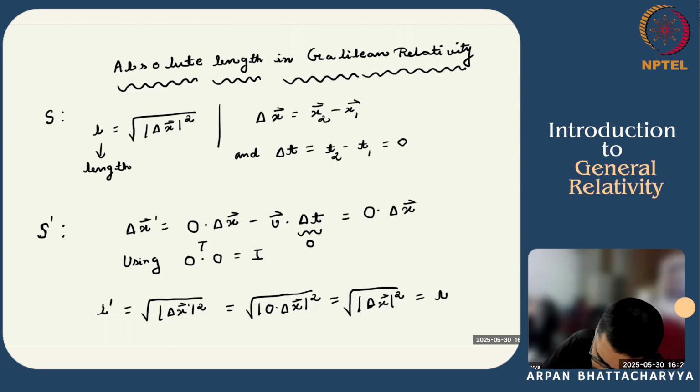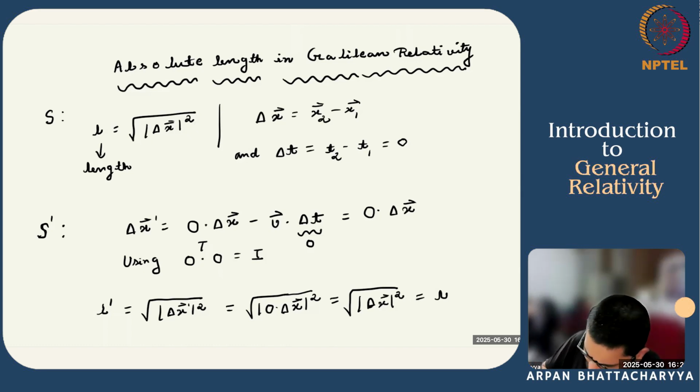So let's start in the S frame, and we define the length, which is given here, square root of this, mod delta x square. Delta x is basically the difference between the coordinates, and of course delta t has to be set to 0, because for example, suppose you are measuring a rod, you have to measure two endpoints simultaneously to make sense of this length. This is something you should be familiar with.